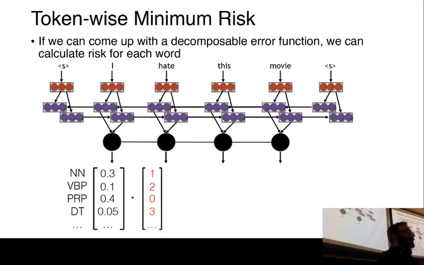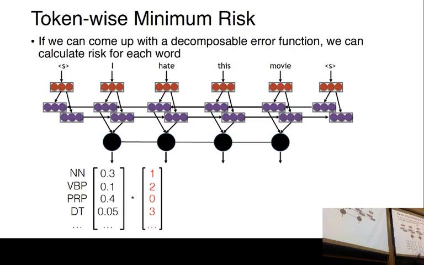Yes. Here? Oh, here. Yeah, so the correct answer is personal pronoun. And our model assigned these probabilities to all these outputs. So this is the error that we get from each of those outputs.